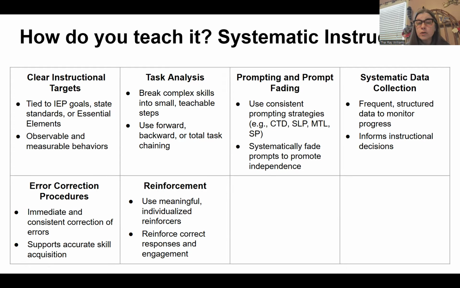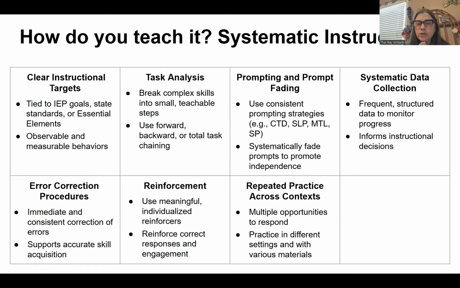For some cultures, individualizing that instruction and giving praise, if we're giving praise as that individualized reinforcement, can actually make some students uncomfortable. So again, making sure it's meaningful and that the reinforcers are individualized, and that we reinforce not only correct responses, but we want to reinforce engagement, because we want our students to be looking and listening and participating and asking questions.